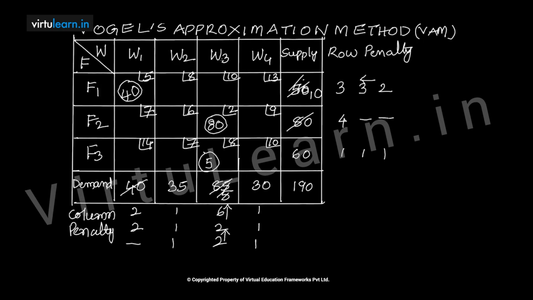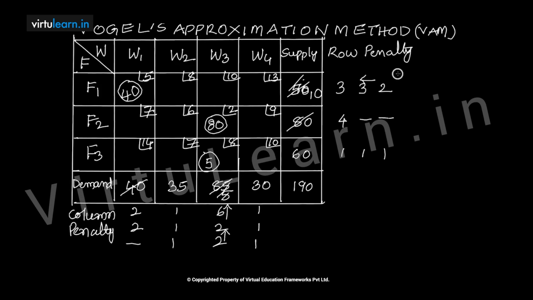So now this W3 is also satisfied. Now you see W1 40 satisfied, W2 is not made allocation, W3 85 satisfied. So these W1, W3 columns we are not going to take into consideration. So in F1 row we have 8 and 13.